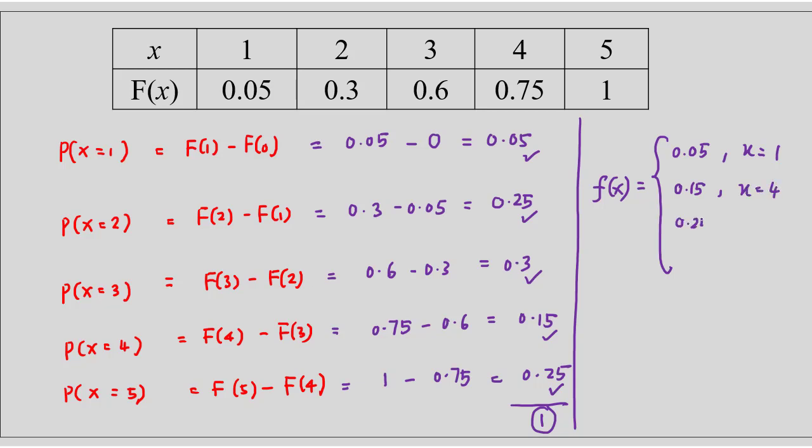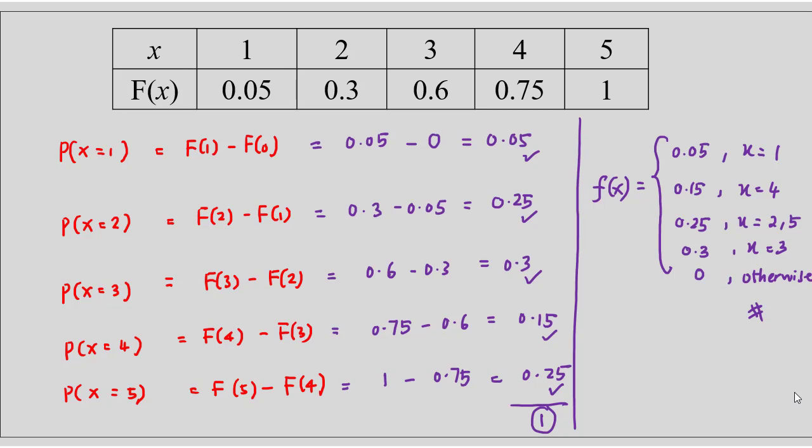The 0.25 belongs to 2 values, which are 2 and 5. And the 0.3 belongs to x equals 3. Do not forget we still have a 0 for otherwise. It means that in this distribution function, you only have 1 up to 5. So this is called the probability distribution function. This is example 9, from CDF back to PDF.